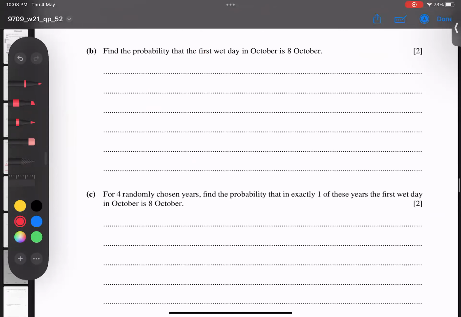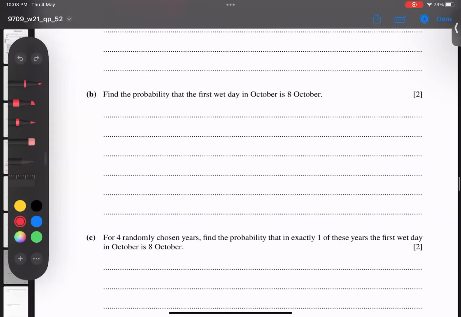Find the probability that the first wet day in October is 8 October. We have a special formula for it, if you remember: q to the power r minus 1 into p.